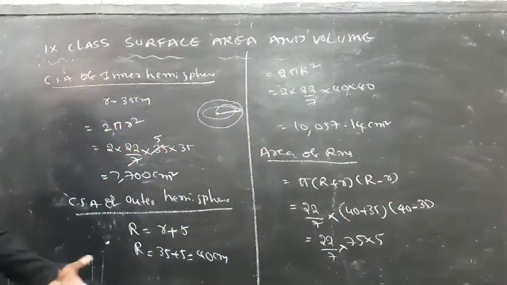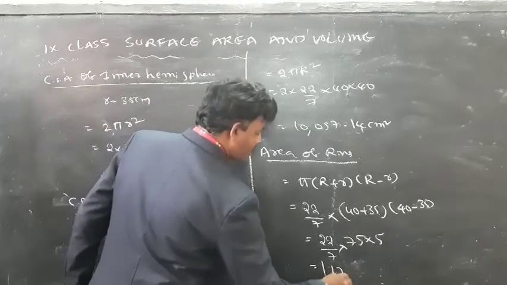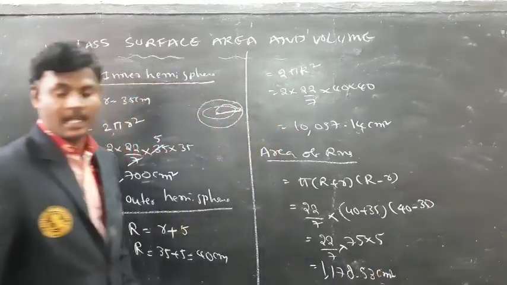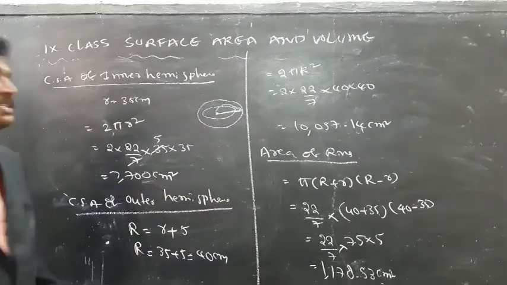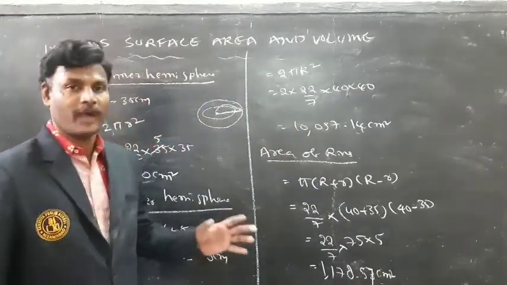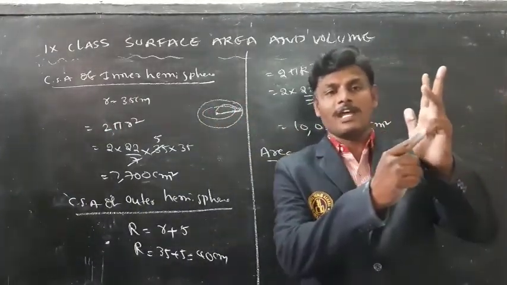So do the calculations. You will get 1178.57 centimeters square. So what is the area of the ring? 1178.57 centimeters square.